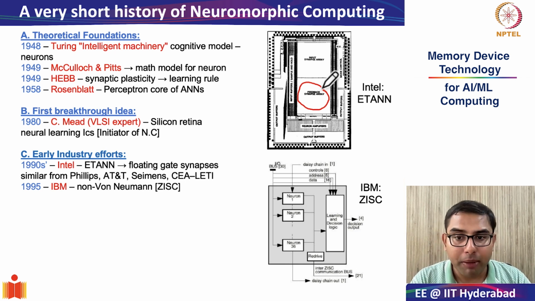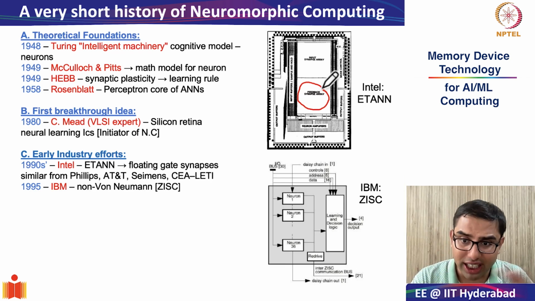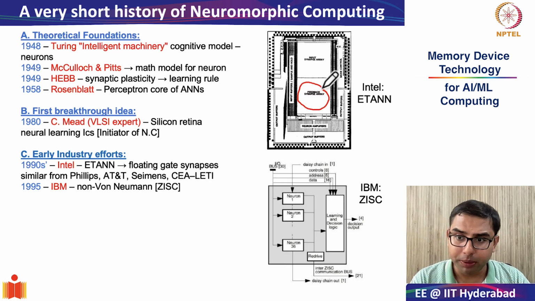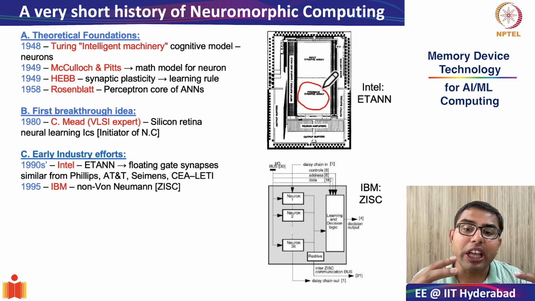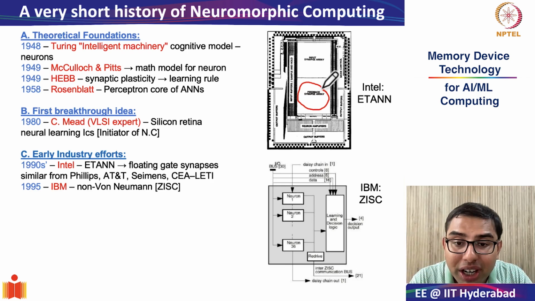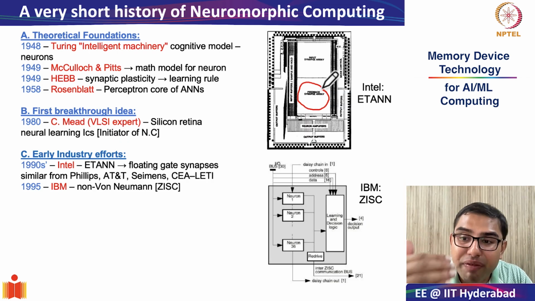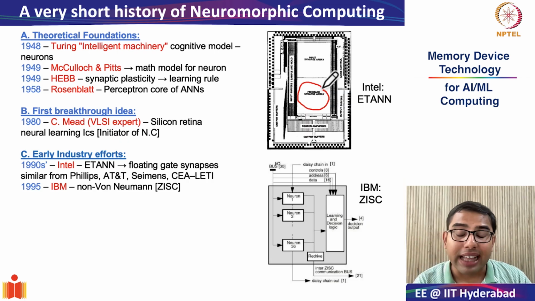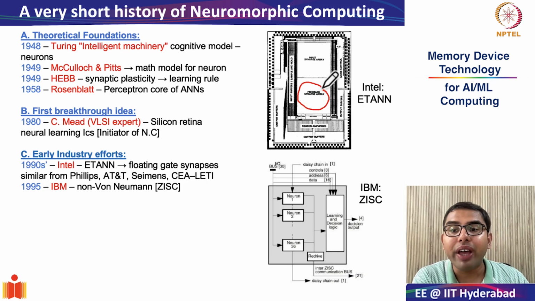Next, IBM in 93 came up with the ZISC processor, which is the zero instruction set computer chip, which is inspired by neural networks. And this implemented massive pattern matching without a conventional set of coding or conventional instruction set. And this was one of the early steps towards hardware AI accelerators.